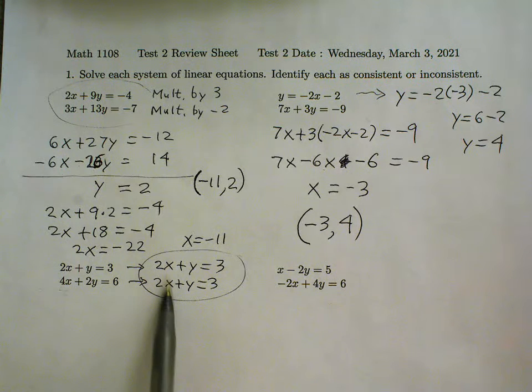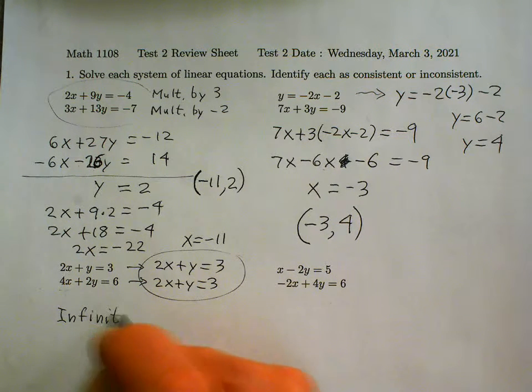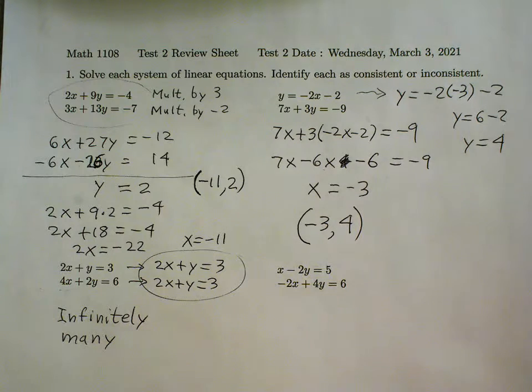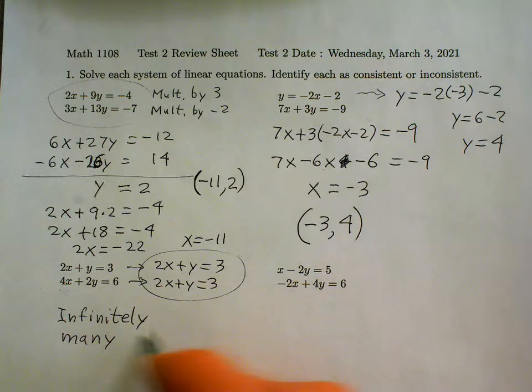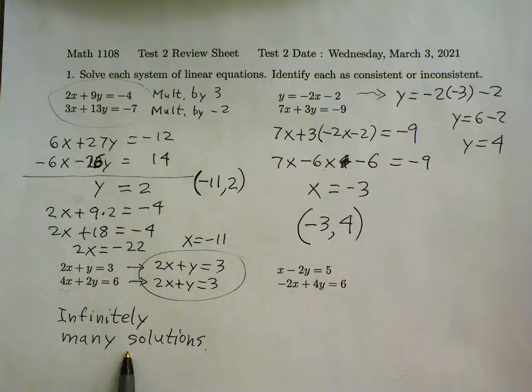So if two equations give you the same line, there are infinitely many solutions. This system is called dependent. But here we're just identifying the solutions.